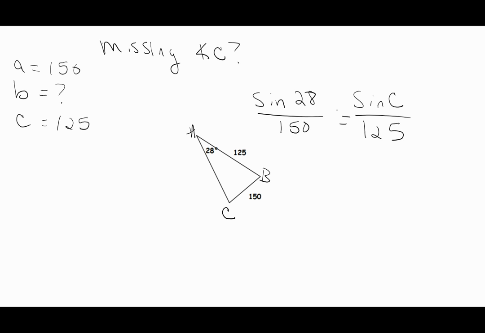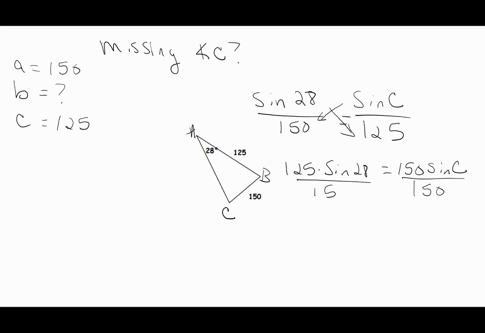So we cross multiply. We have 125 times the sine of 28 is equal to 150 times the sine of C. Divide both sides by 150. And then the sine of C is equal to that. So what is it? The sine of 28 is 0.4698.